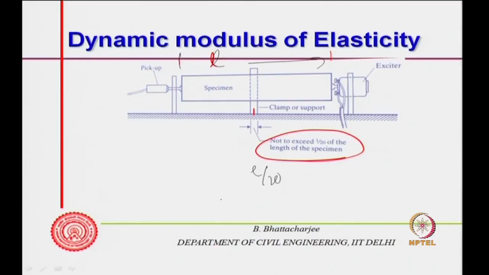So, it should be less than L by 20. There is a clamp of the support. So, a specimen, generally with a rectangular cross section, you clamp it somewhere in between like this, and then you have an exciter.